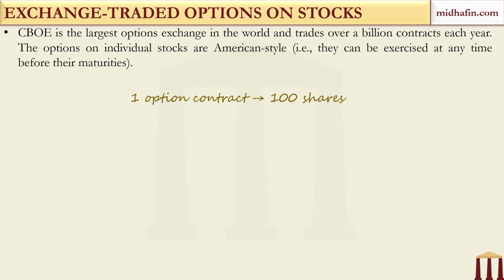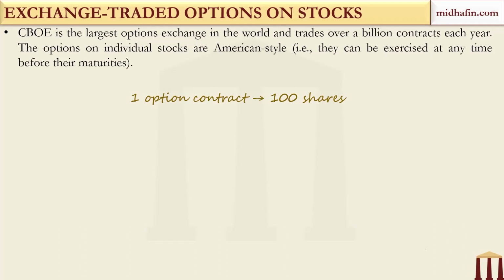Next, usually when we talk in theory, we talk about one option, two options, things like that. But in practice, things are slightly different. If you go to actual option trading, there you will find that there are option contracts, not options. Each option contract is for a certain number of underlying assets.